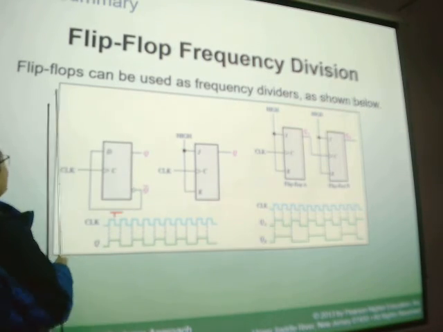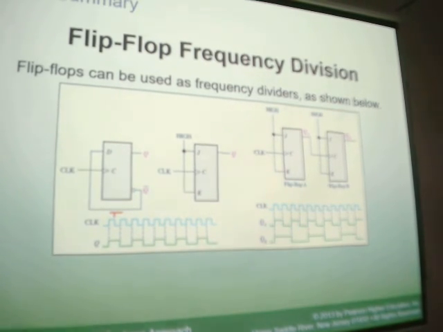So it can be used as a reference divider. FQA equals half F clock, and FQB equals half FQA, which equals F clock over 4.